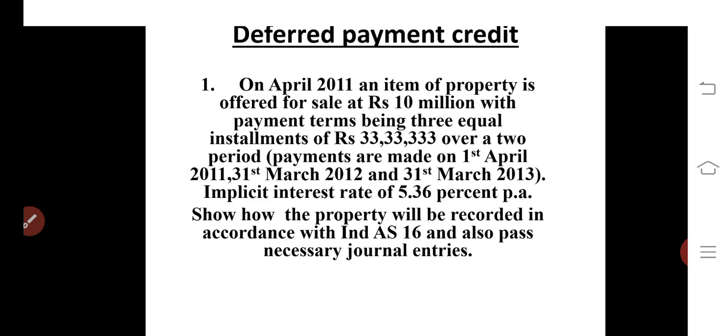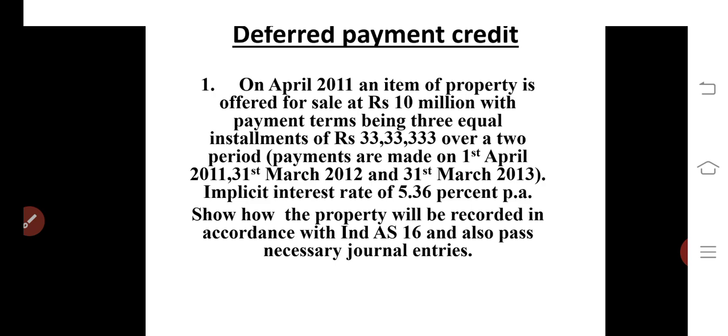Now what do we mean by deferred payment credit? This is one kind of measurement of cost. The cost of an item of property, plant and equipment is the cash price equivalent at the recognition date.